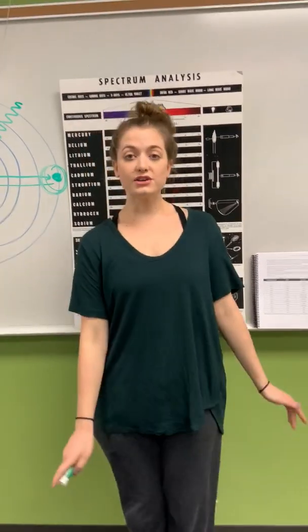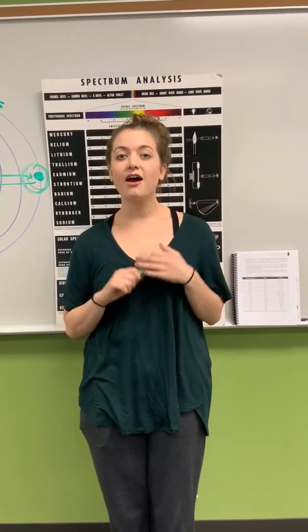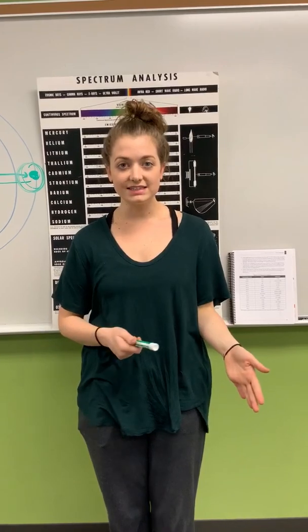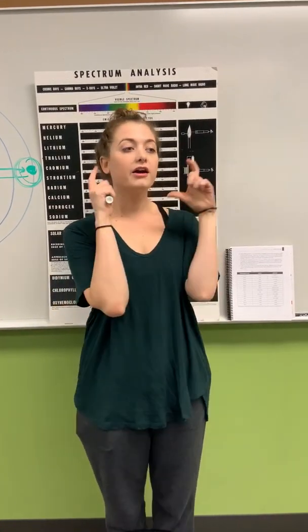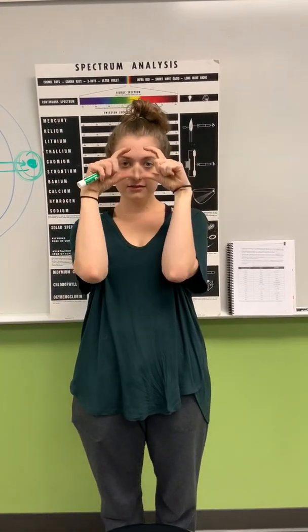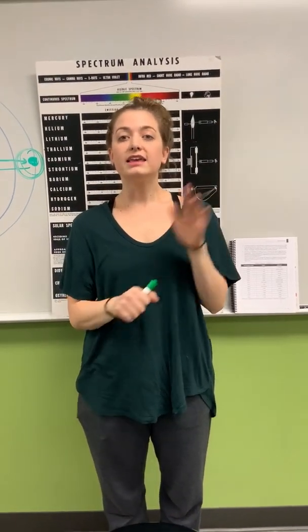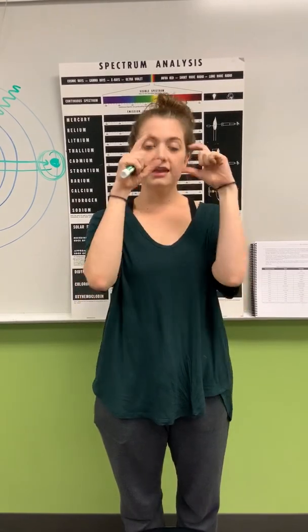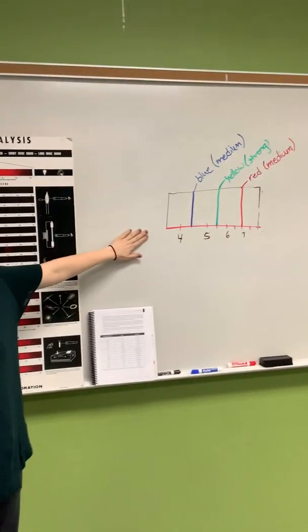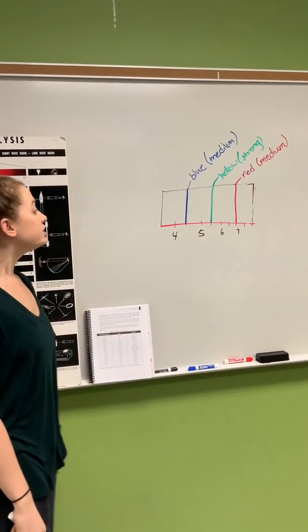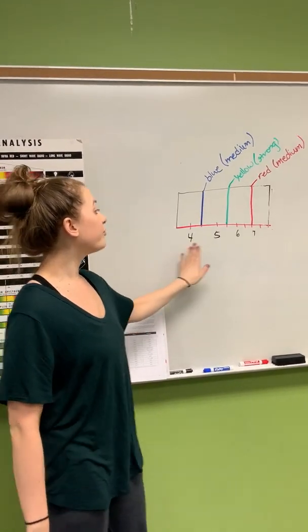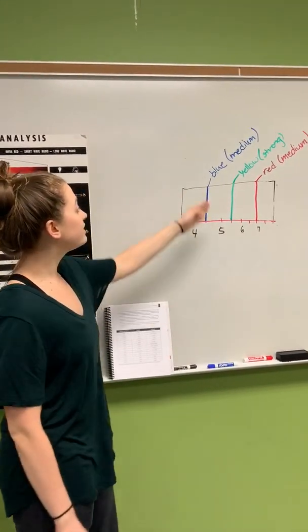All right, so you saw some pictures of our lovely TA Cece using one of our spectroscopy little telescopes. And she was looking at helium light in that spectroscope. When she was looking through that, this is what she was seeing. She was seeing a scale from 4 to 7 with different lines.